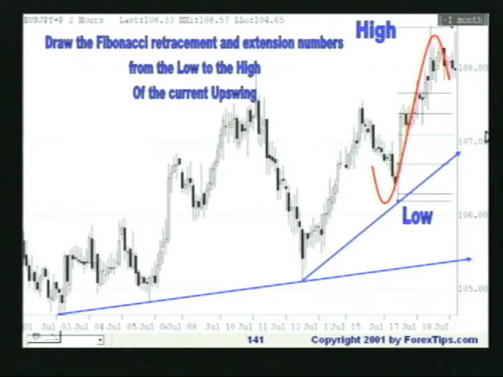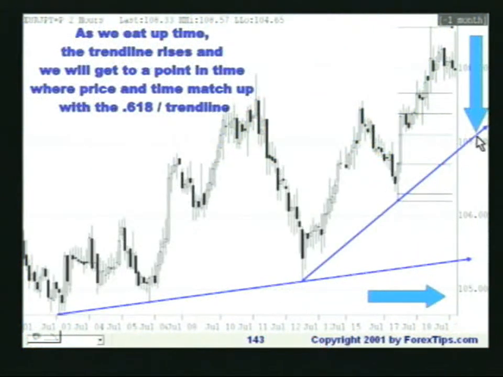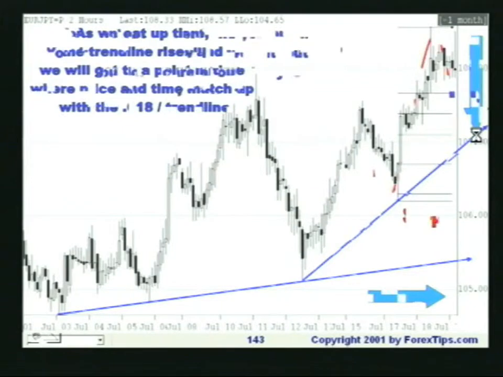So now that we've drawn our Fibonacci numbers and looked at the current price swing, the plan is to buy the 618 trend line bounce. As I said, trading is all about understanding price movement against time. Time's going to eat up and prices are going to move. So as we eat up time, the trend line should rise, and we will get to a point in time where price and time match up with the 618.